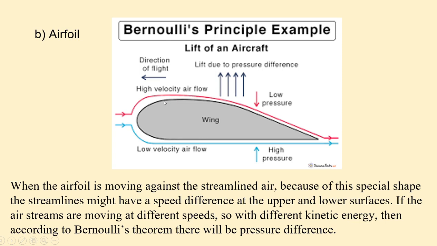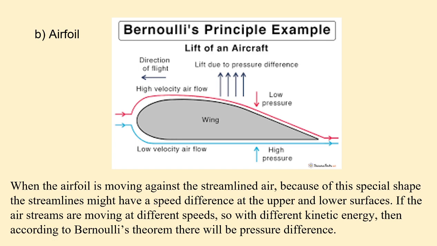So according to Bernoulli's theorem, since the upper surface of the airfoil is a region of higher velocity, it will become a region of low pressure compared to the lower surface, which has a high pressure. So you can see a pressure difference is created due to the special design of this airfoil.